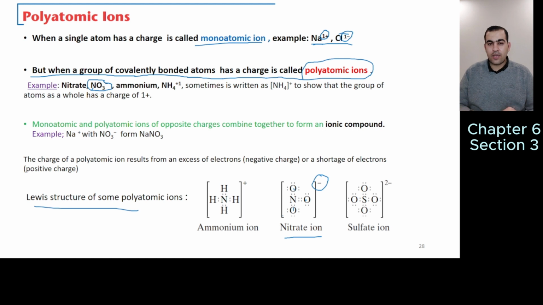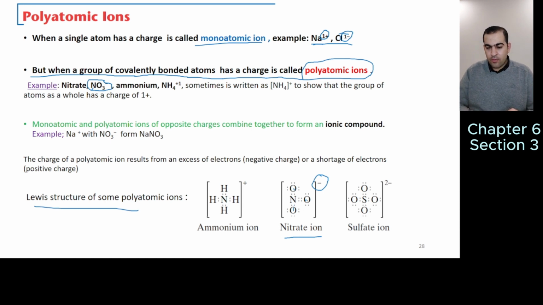How do we know when an electron has been gained? Each oxygen has 6 valence electrons. 3 times 6 is 18. Nitrogen has 5 valence electrons. The total must equal 23, because before bonding each oxygen has 6 and nitrogen has 5. But when they bond, what happens?